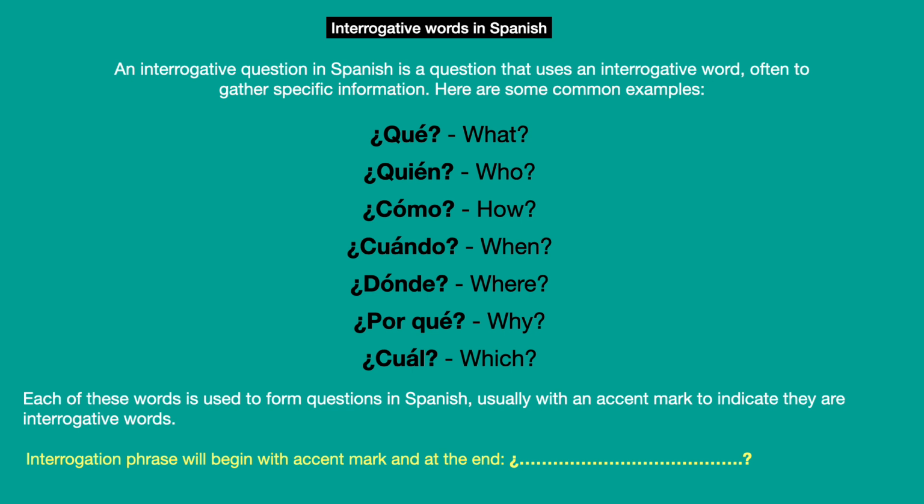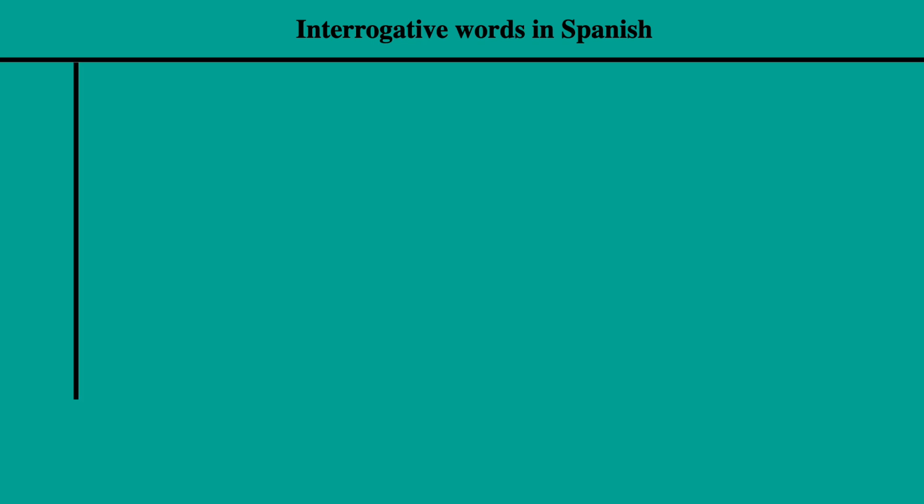So let's take a quick look at some samples. Here we have the interrogative words in Spanish, and we have what, like in English, which is qué in Spanish. Here we have one example: ¿Qué es un barco?